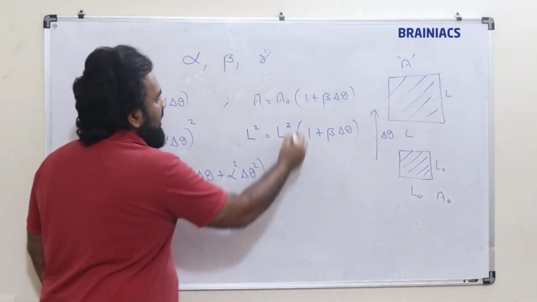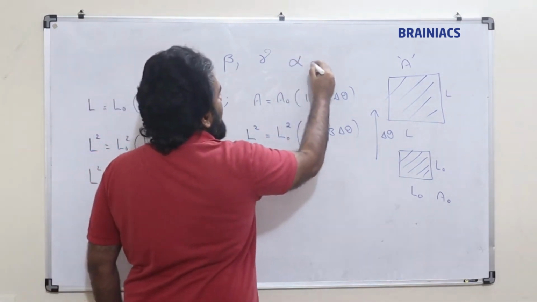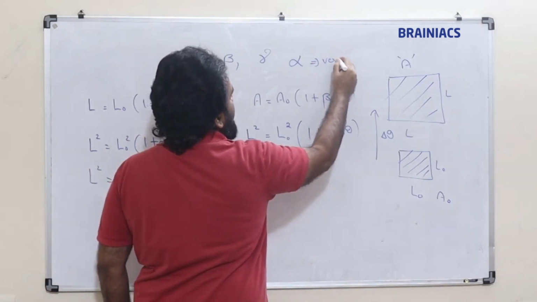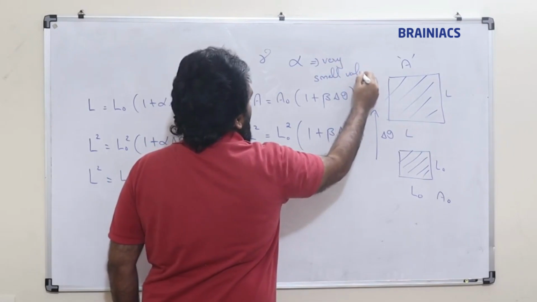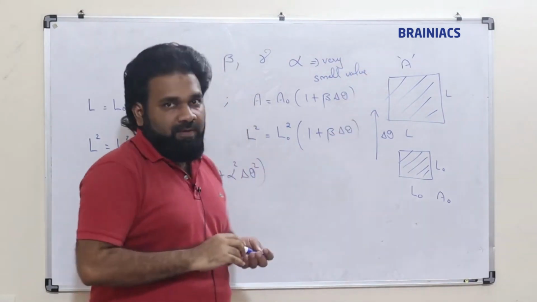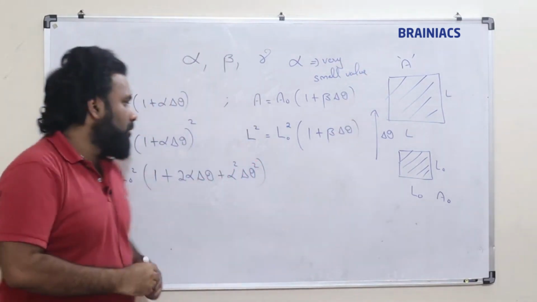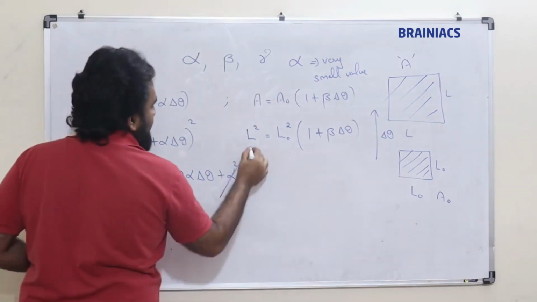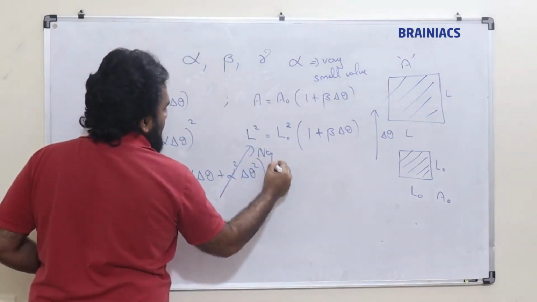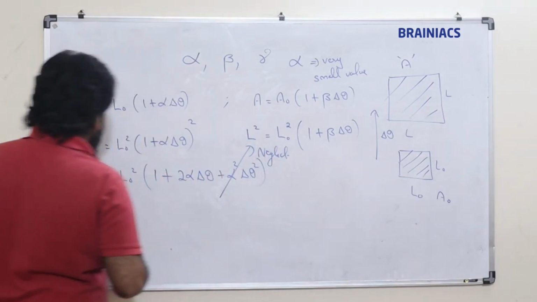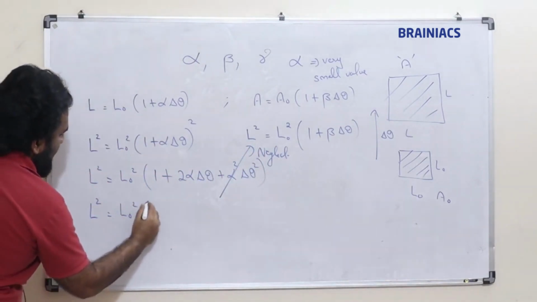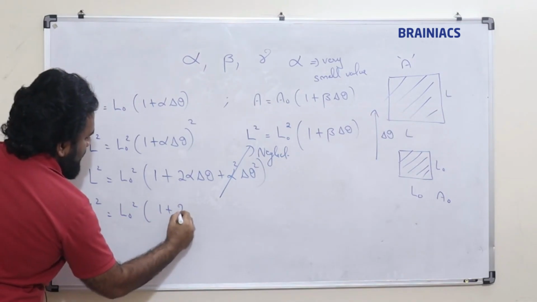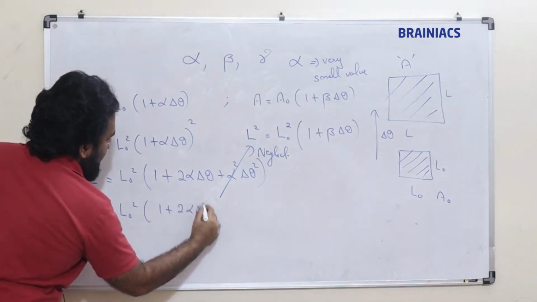Here alpha's value is very small, so we can neglect this term. If we neglect it, we get L square equal to L naught square into 1 plus 2 alpha delta theta.